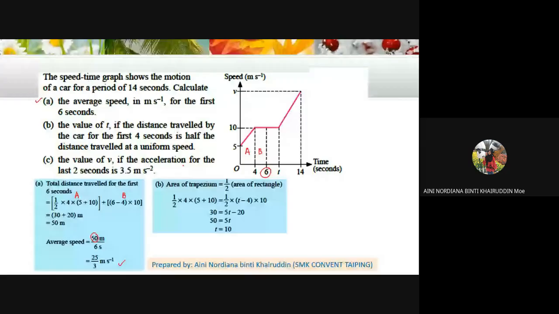If the distance forms, so area of the trapezium equals to 1/2 area of rectangle. The first for second is half the distance travel at a uniform speed.